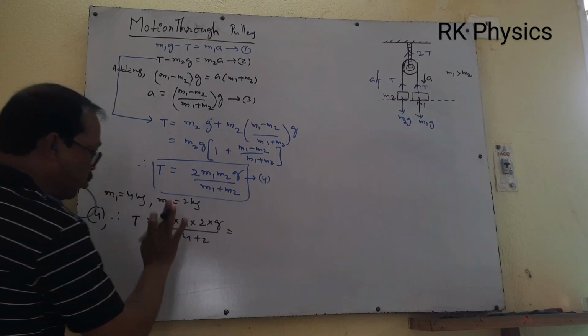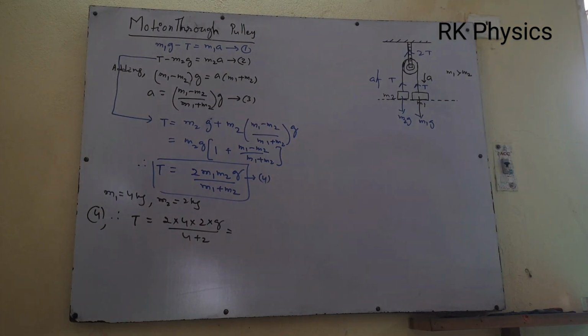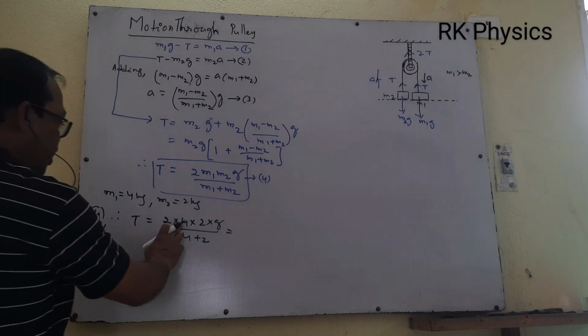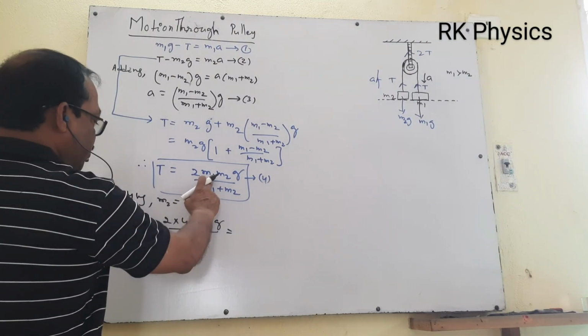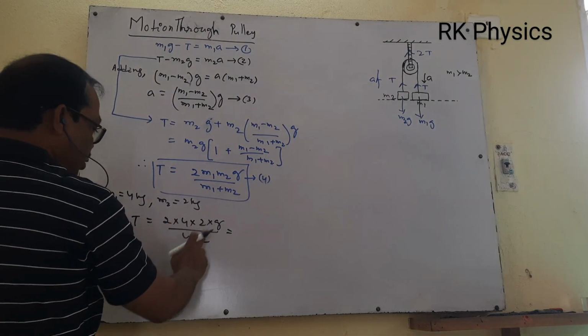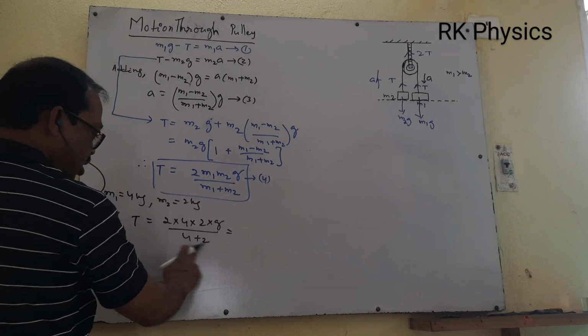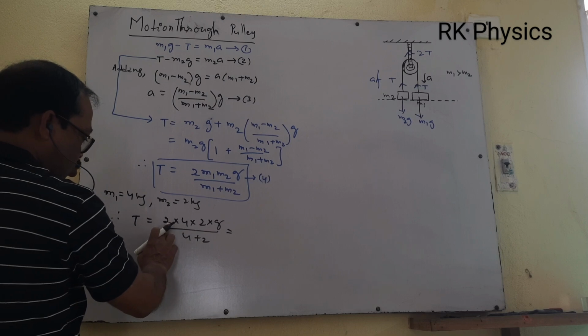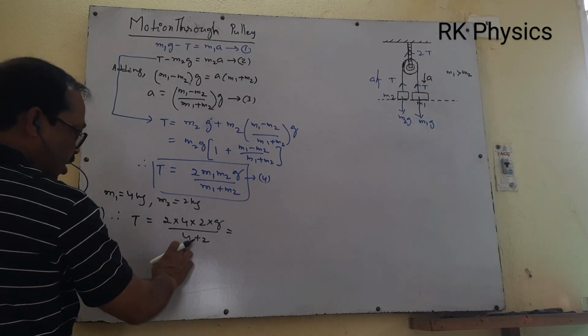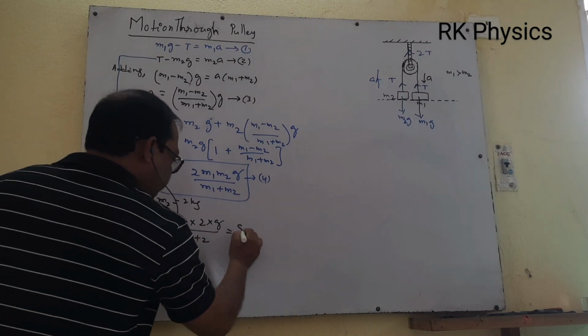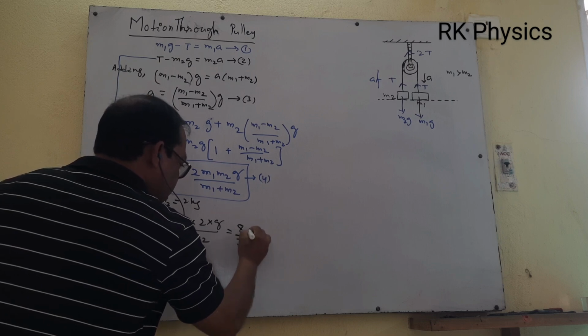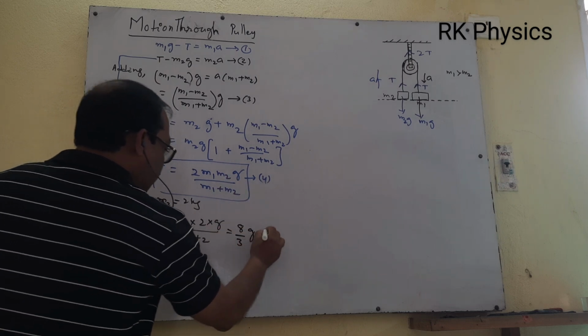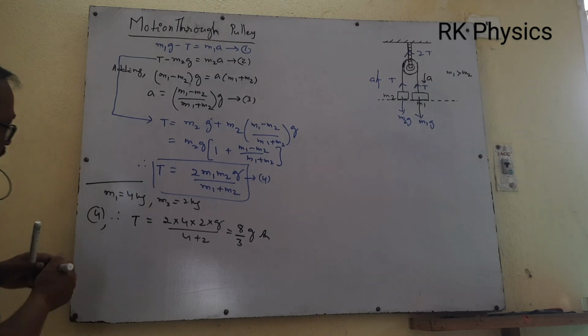So this is 6, and 2 cancels with 6 to give 3. 4 into 2, that is 8, by 3g. So this is your answer.